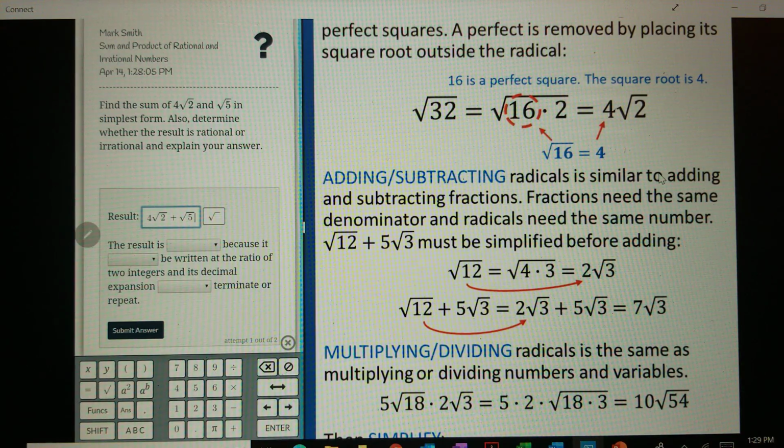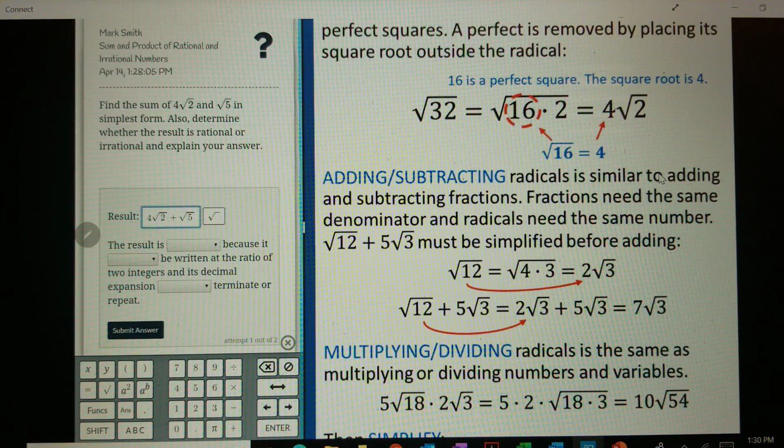Now it says the result is rational or irrational. An irrational number is a number that doesn't have a perfect square. 2 does not have a perfect square. 5 does not have a perfect square. Both of those are irrational numbers.